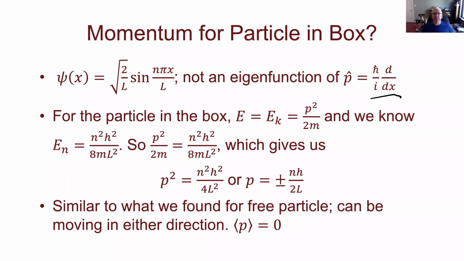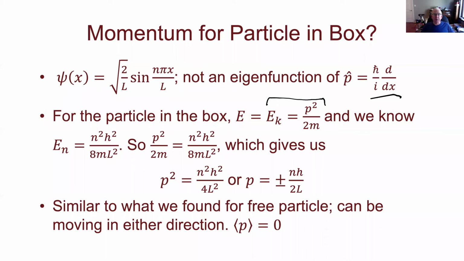That means that my states in the particle in a box do not have a fixed momentum to them, right? If I want to find the momentum, or get an idea about the momentum, I could go back to this classical relationship here, right, which says that the kinetic energy is related to the momentum by that expression there, right? We know the energies now. The energy expression is just the one we just derived, n squared, h squared, all that stuff, right?